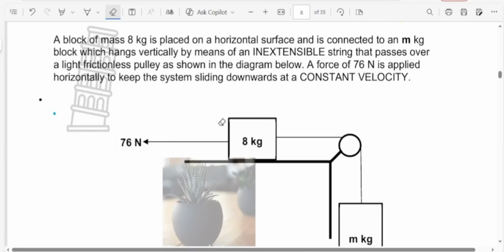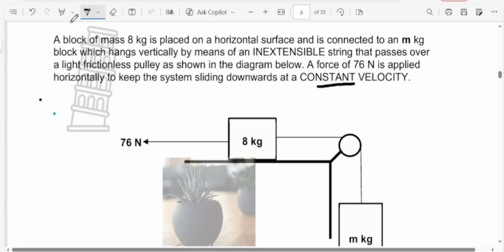So now the only thing we are interested in here is the applied force. We are given the applied force as 76 Newton and it moves to the right, applied horizontally to keep the system sliding downward at a constant velocity.